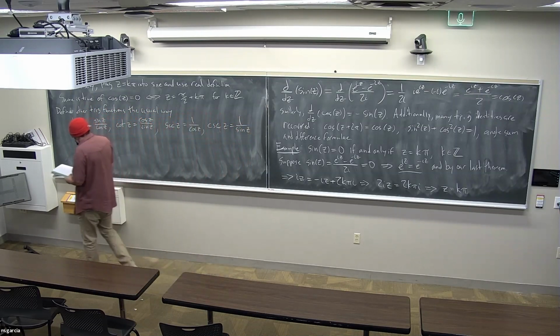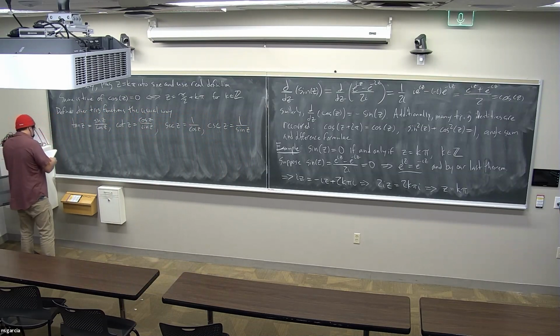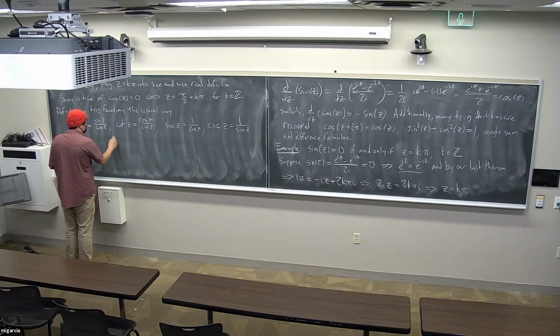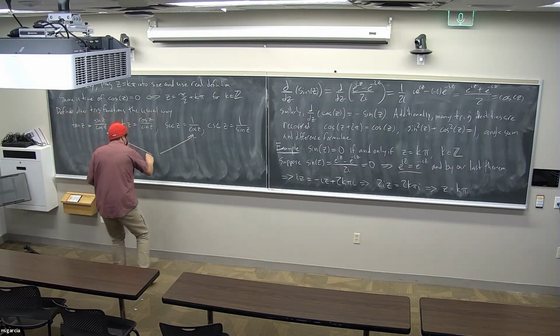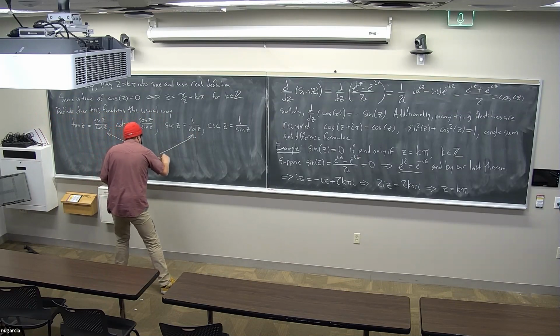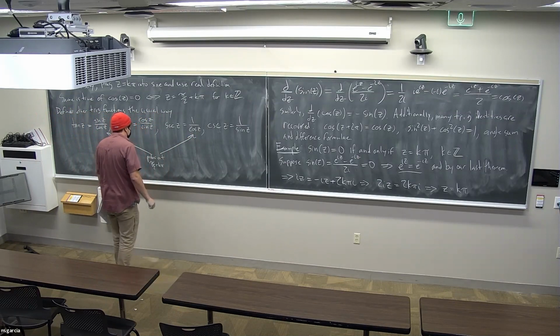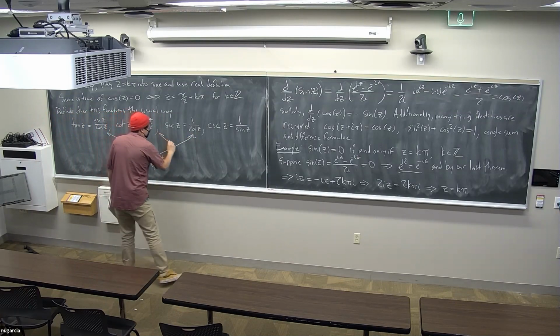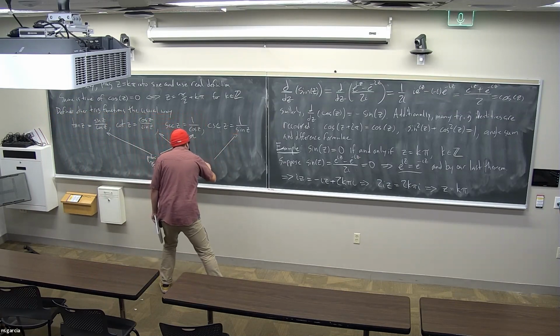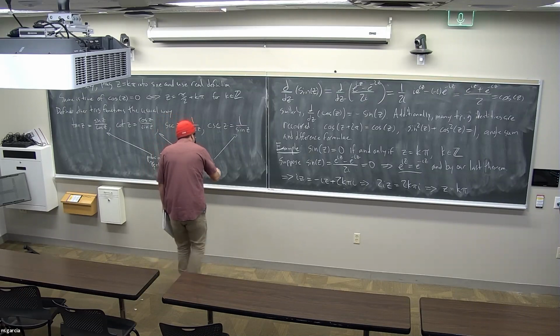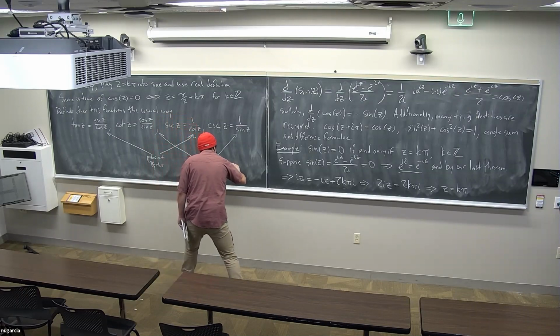Okay, so now I guess it's worth pointing out these have poles at pi over 2 plus k times pi. And likewise, poles at k pi, analytic elsewhere.